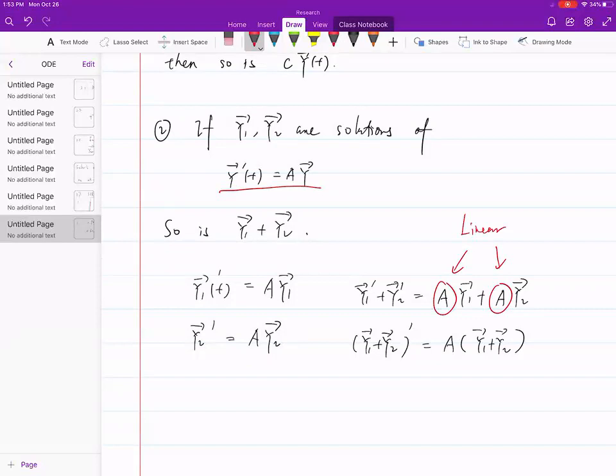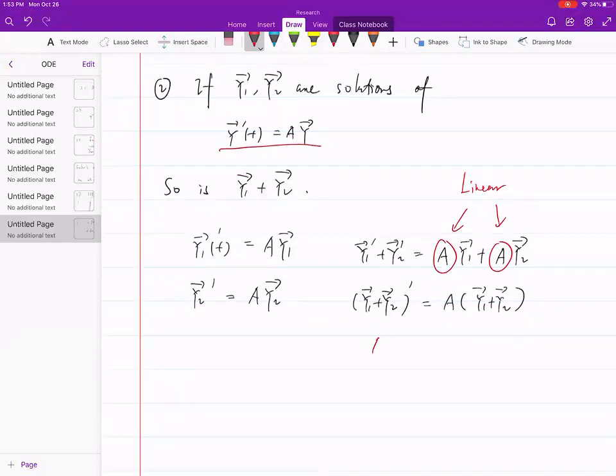That's again another reason why we only consider linear systems with constant coefficients. Or more precisely, A(x plus y) equals Ax plus Ay. They come from this property.